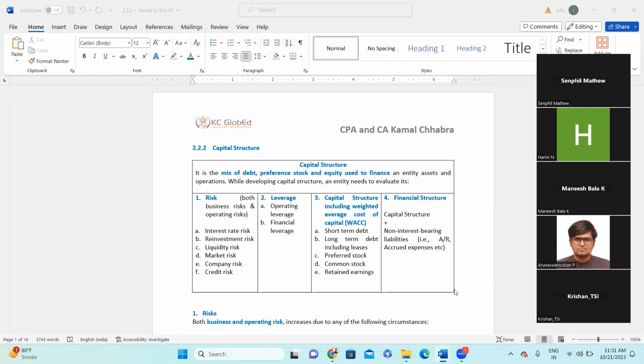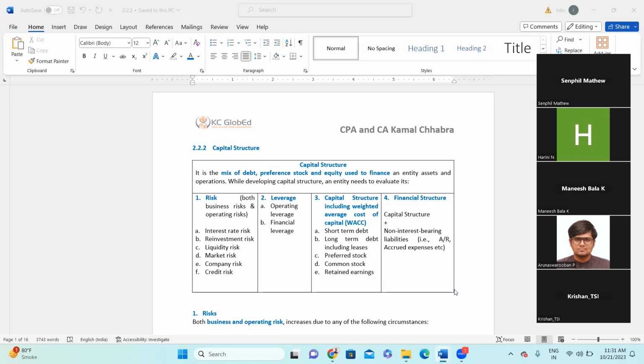But in this class, our focus is more on capital-related items, which are your equity, preference shares, debentures, loans, or the bonds which you have issued. So we'll be discussing more in and around these financial items, or capital structure items.